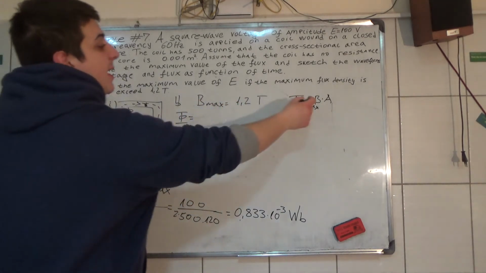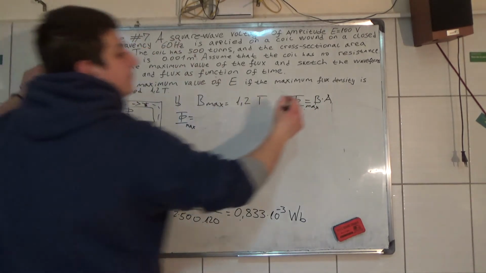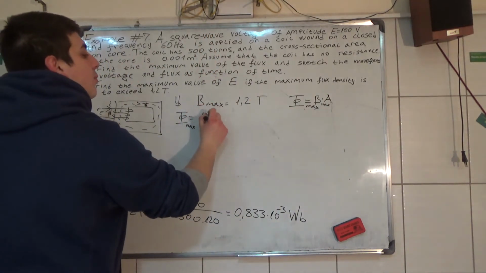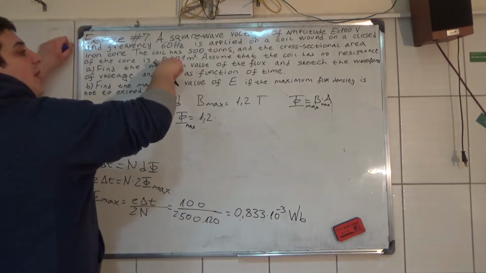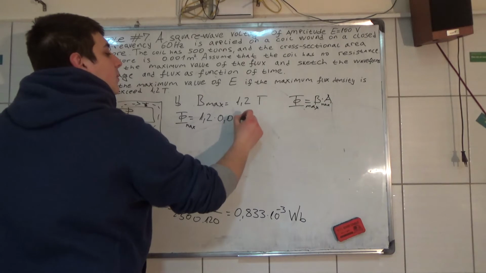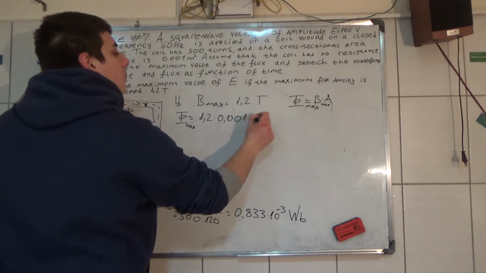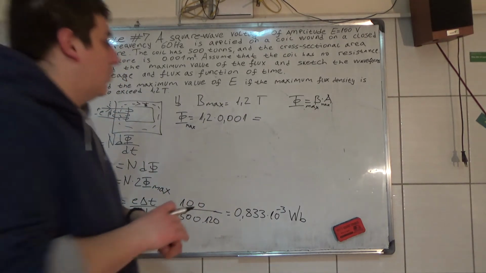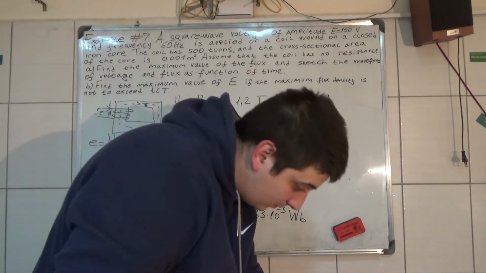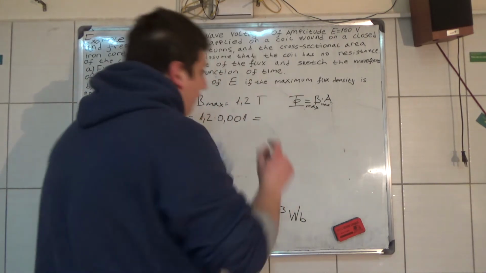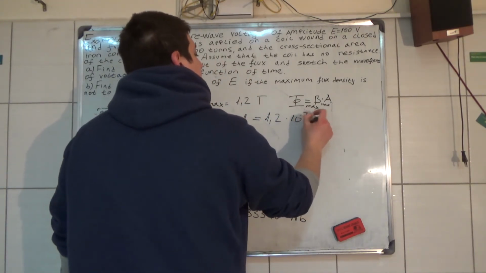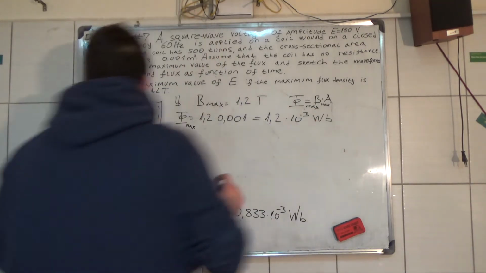That is equal to 1.2 times 0.001, and that is equal to 1.2 times 10 to the minus 3 Webers.